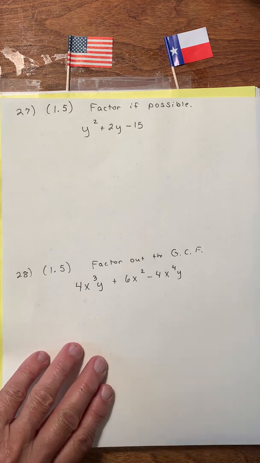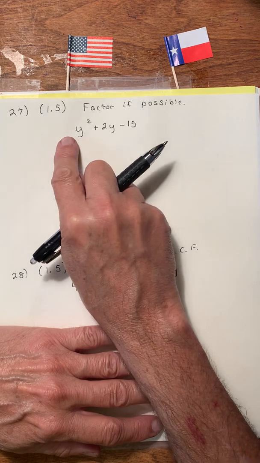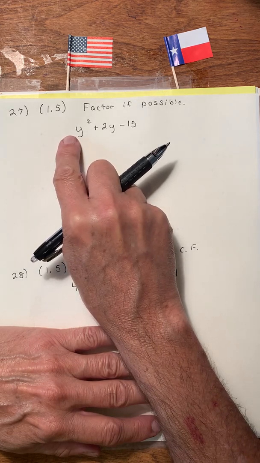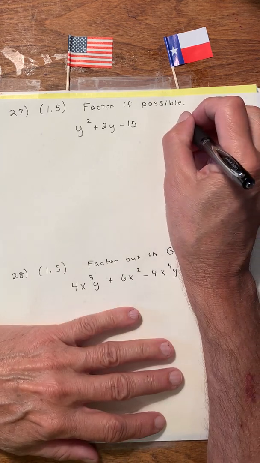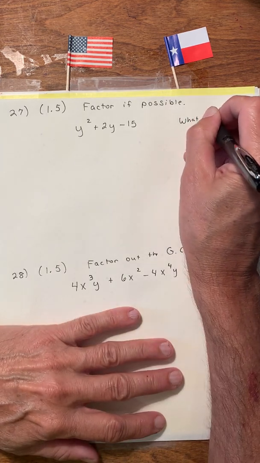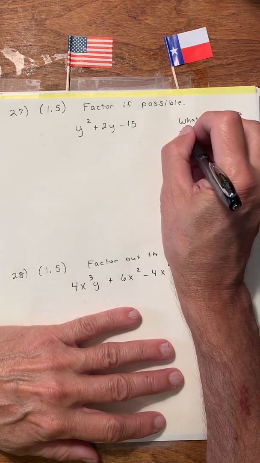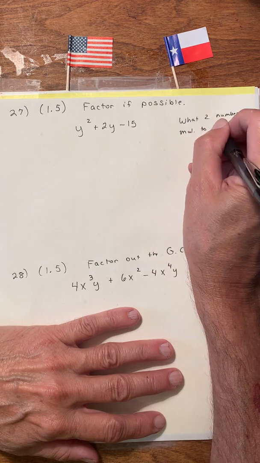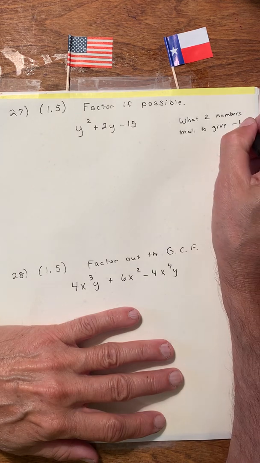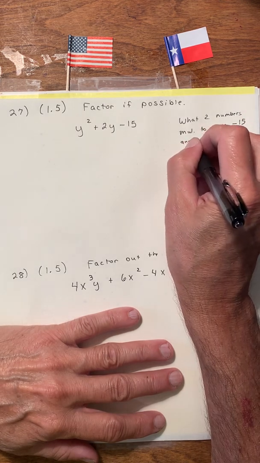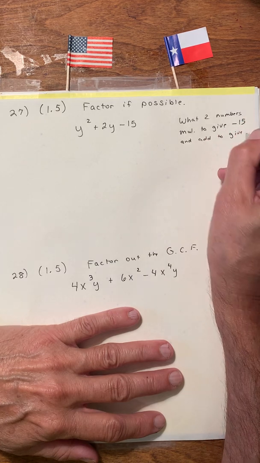All right, factor if possible. Now, I don't have to use the AC method here since there's not a number other than 1 in front of y squared. Just 1y squared. So I simply ask myself the question, what 2 numbers multiply to give negative 15 and add to give 2?